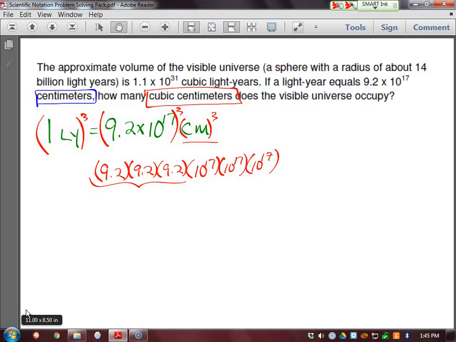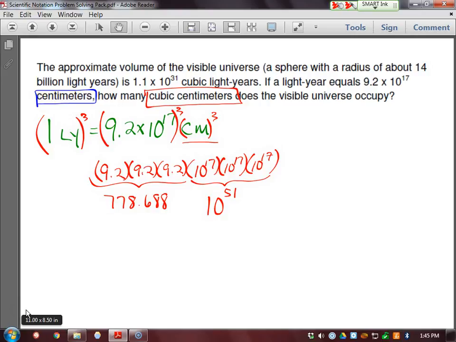And 9.2 times 9.2 times 9.2 is equal to 778.688. And 10 to the 17 times 10 to the 17 times 10 to the 17, we have 17 tens and 17 more tens and 17 more tens, which gives us a power of 10 to the 51.